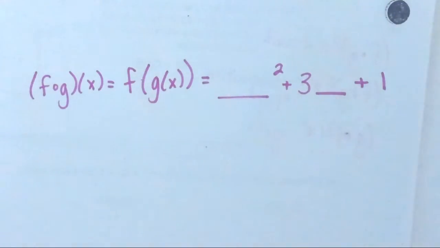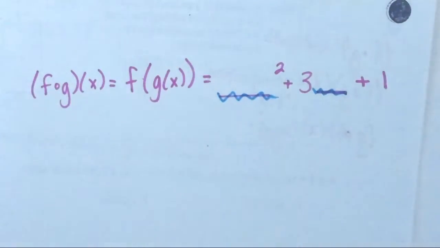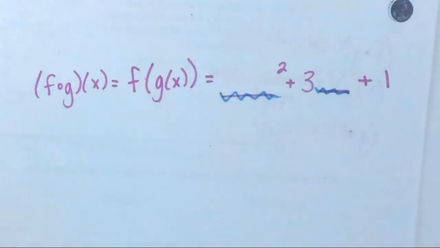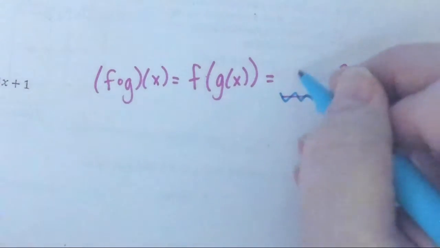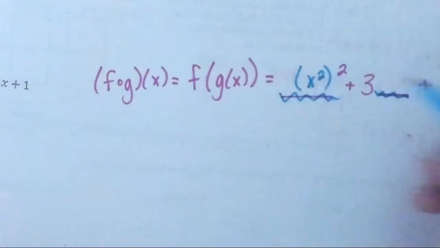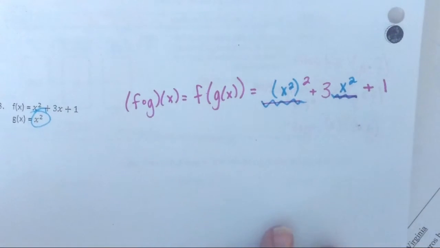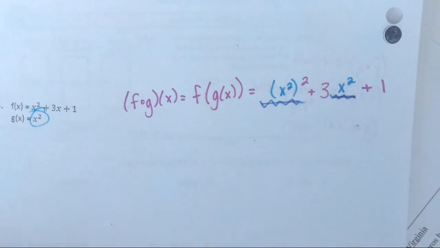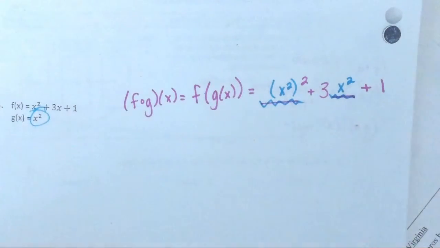But now, everywhere I used to see an x, I'm going to plug in g, and g just so happens to be x squared. So I'm going to put an x squared here and an x squared there. So literally, I'm taking this and plugging it in everywhere in f that I see an x.